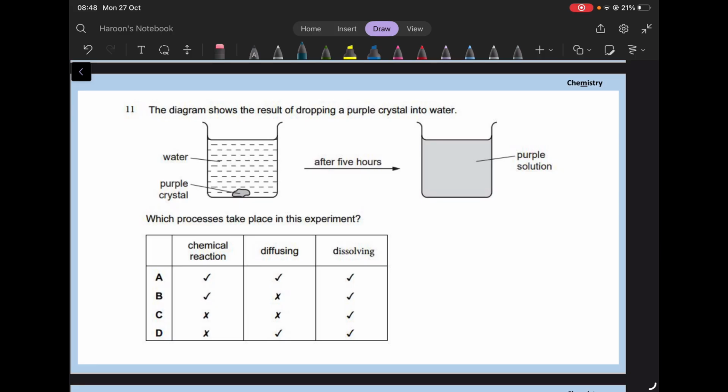Because diffusion is a physical process, chemical reaction should not have a tick around it. So A and B are already out. Now over here, it has to dissolve first and then it diffuses, because solids cannot diffuse. So both diffusing and dissolving should have a tick in front of it. So you can see D has to be the correct answer in this case.